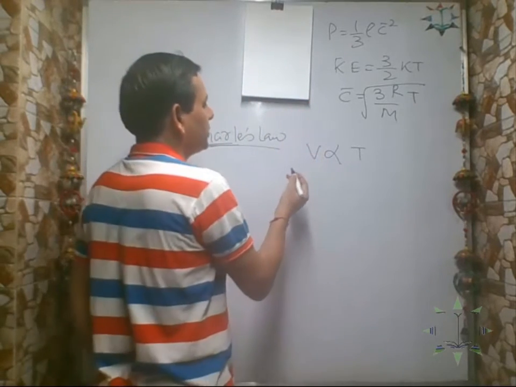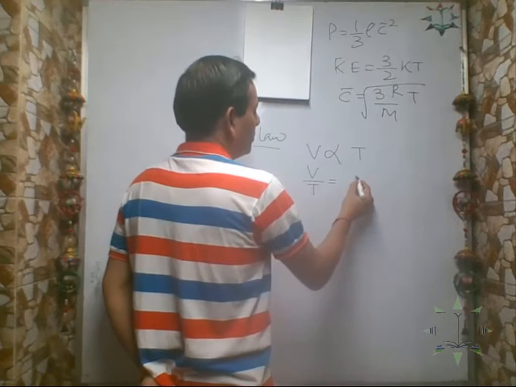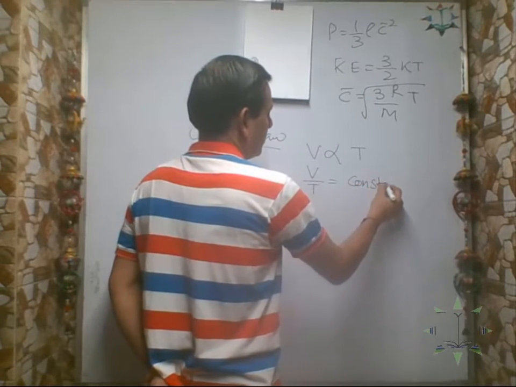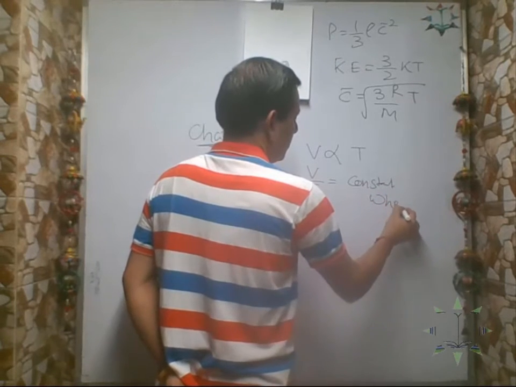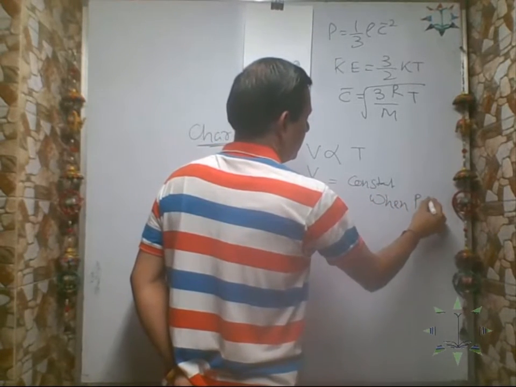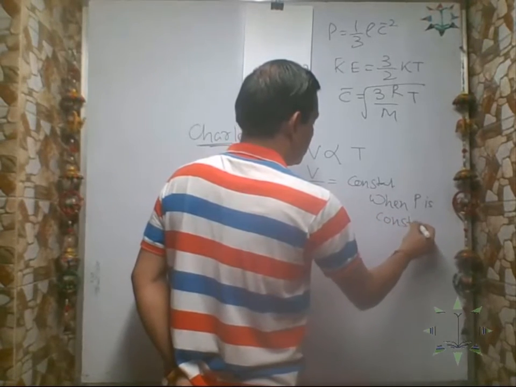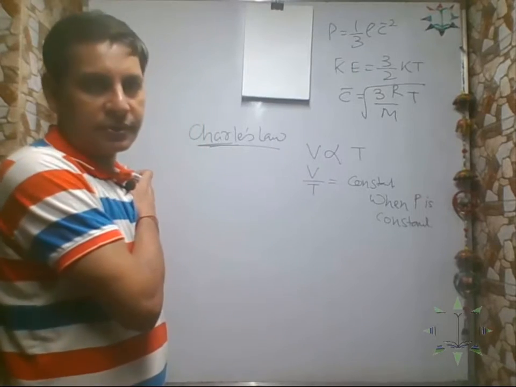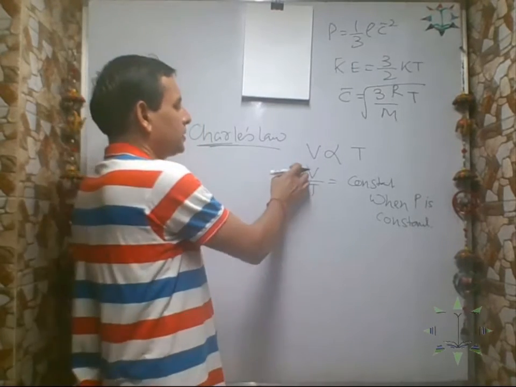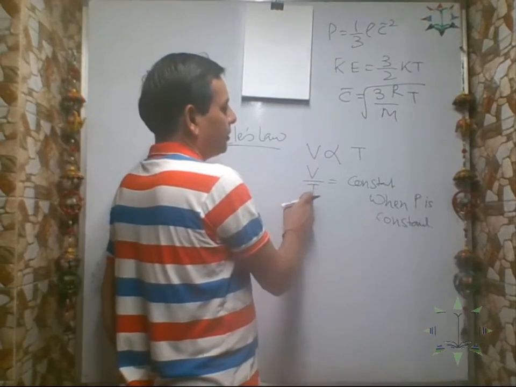So we say that volume divided by temperature equals a constant when P is constant. If you do not change the pressure, then on increasing temperature, the volume of the gas will increase. So we have to prove that volume divided by temperature is constant.